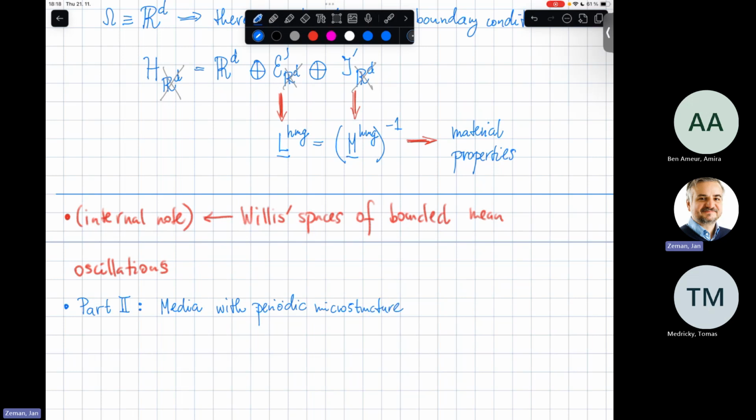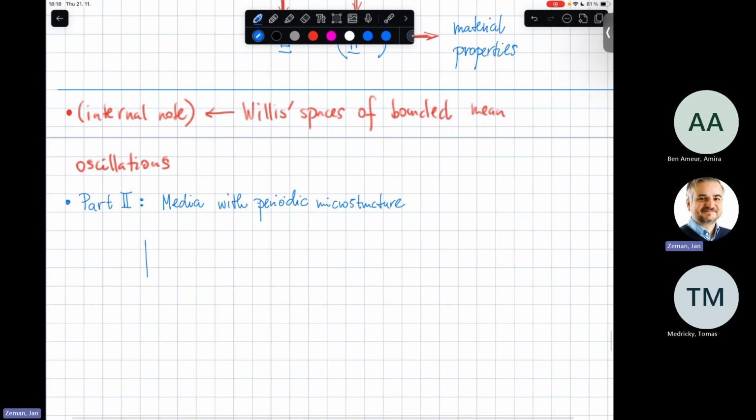So here the thing is that I have a certain cell in question, which I will call capital Y in the follow-up course. And basically the assumption there is that whatever is contained here actually gets copied in the horizontal, vertical direction and in 3 dimensions also in the third one.